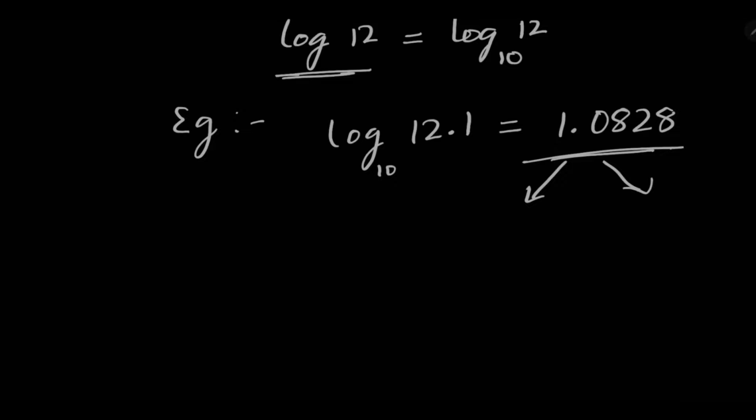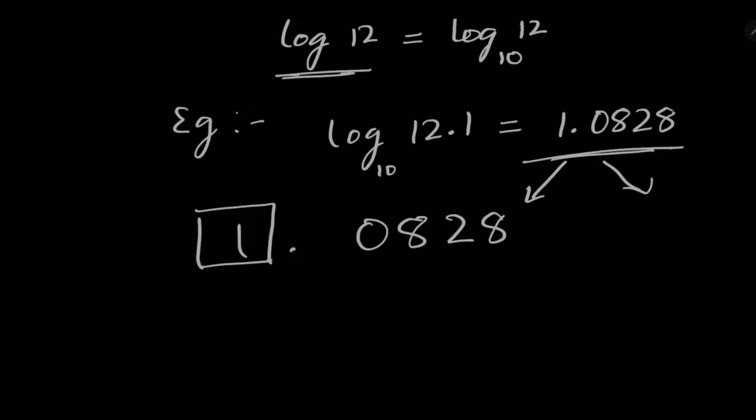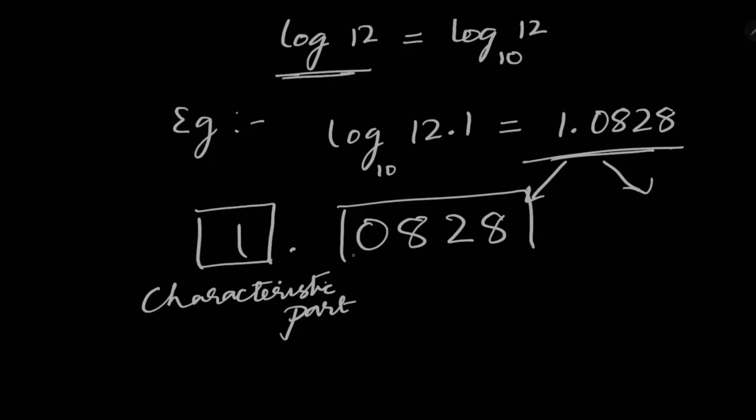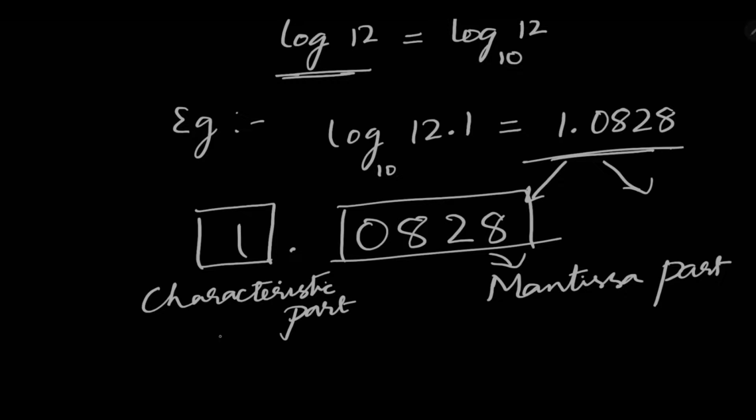In 1.0828, this part is called the characteristic part, and this part is called the mantissa part. This is also called the decimal part sometimes. Is that clear?